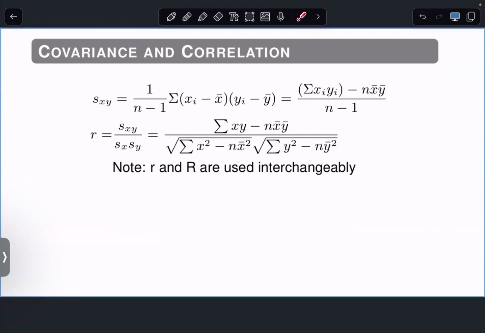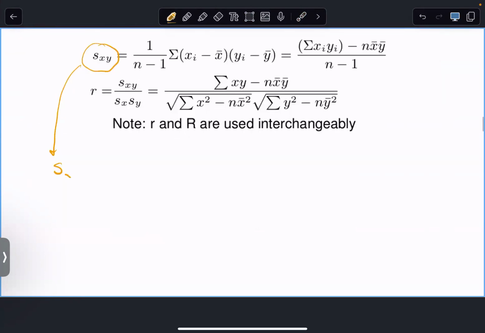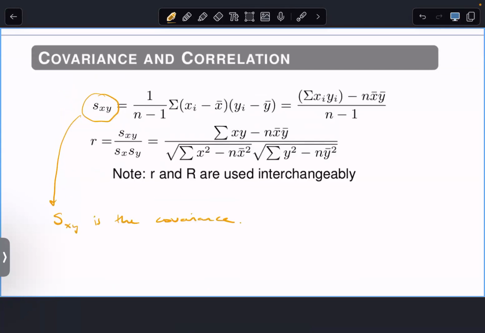SXY is called the covariance. S subscript X subscript Y is the covariance. I only mention that because it might come up in an assignment where it says the covariance is this, okay? I'll never get you to calculate these.